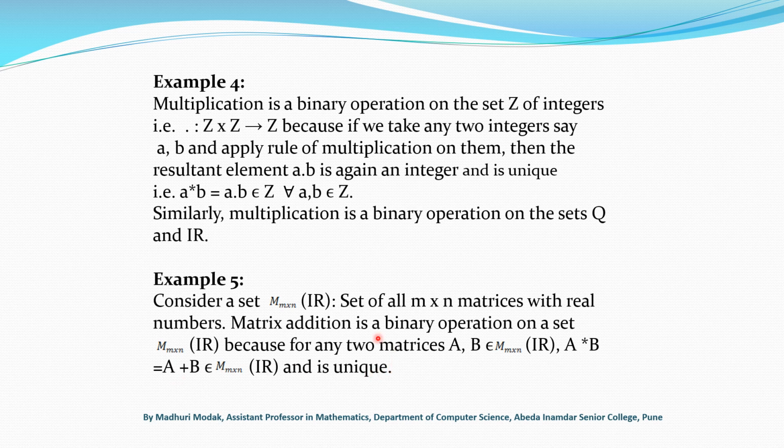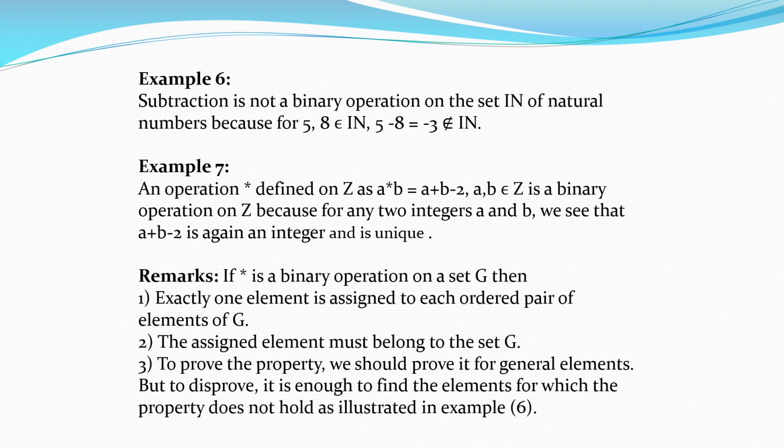It means for any two real matrices, their addition is again a matrix with all real entries, and that matrix is unique. So we can say that matrix addition is a binary operation on M by N R.